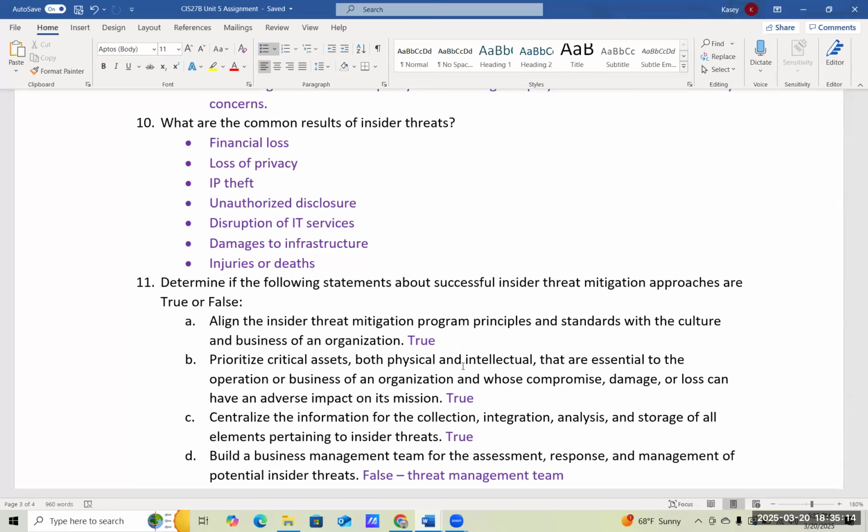And we want to make sure that we share this, right, for the decision makers. It will become a report. So that way people have access to it and so they can have knowledge of who are the insider threats and how we can improve from that. So centralizing the information for collection and integration analysis is important.